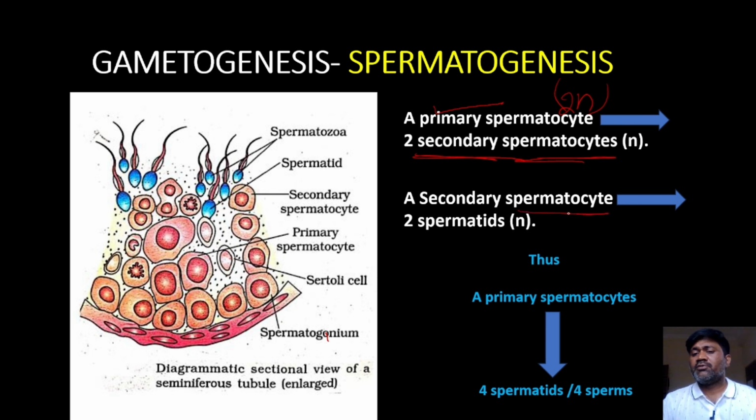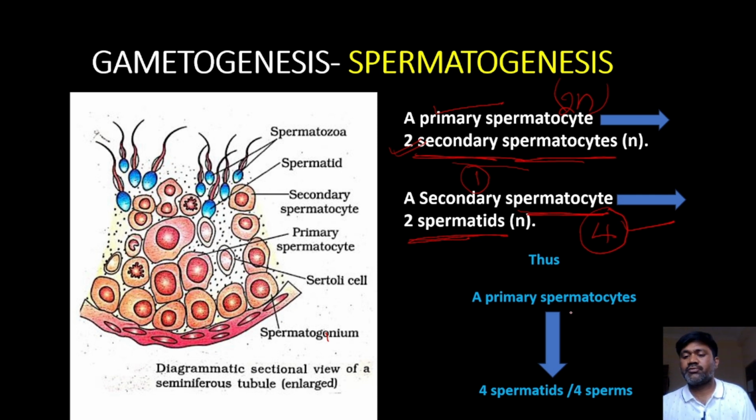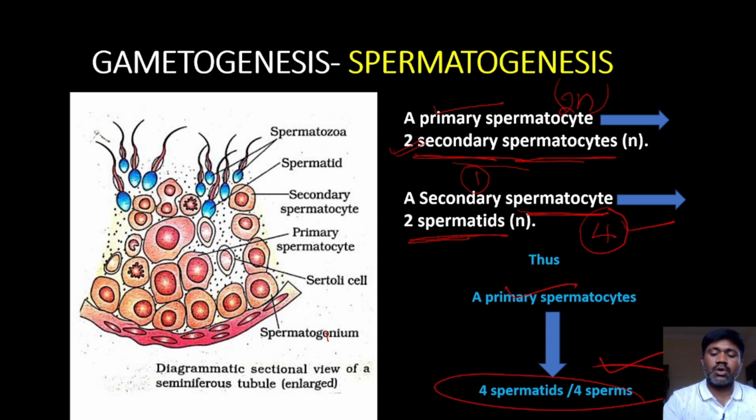If one secondary spermatocyte undergoes meiosis 2, how many spermatids do we get? 2. Since two secondary spermatocytes are there, from one primary spermatocyte we get 4 spermatids finally. A primary spermatocyte gives how many spermatids? 4 spermatids.